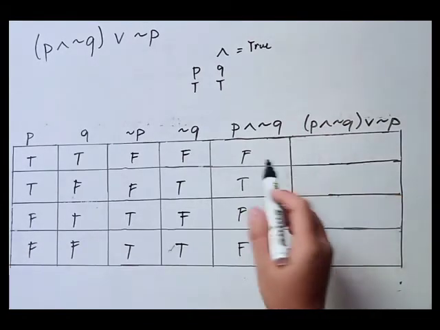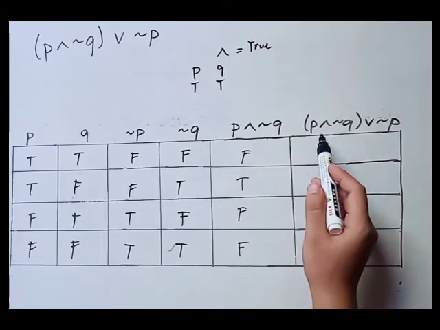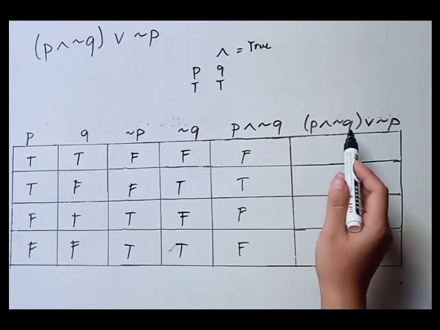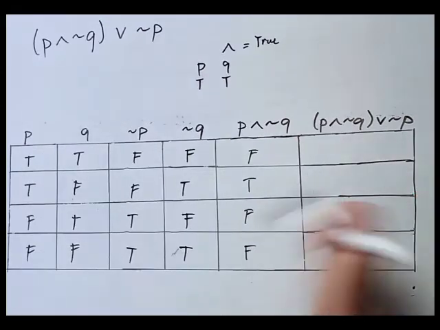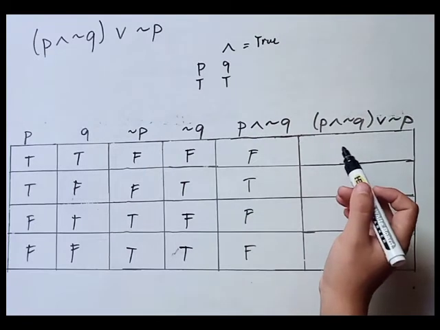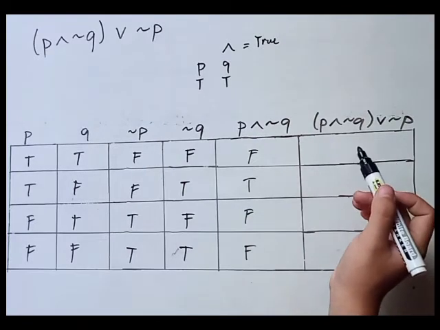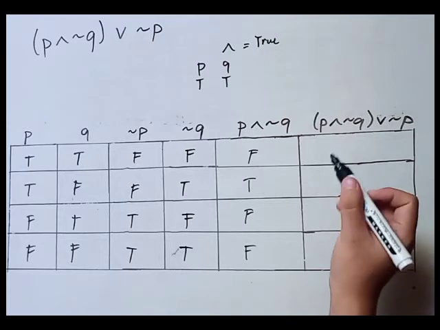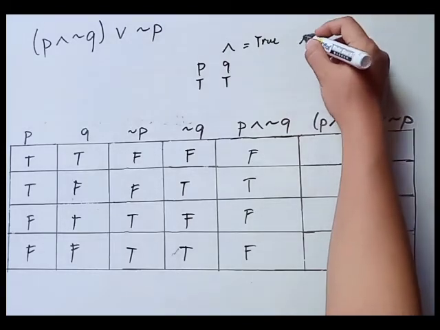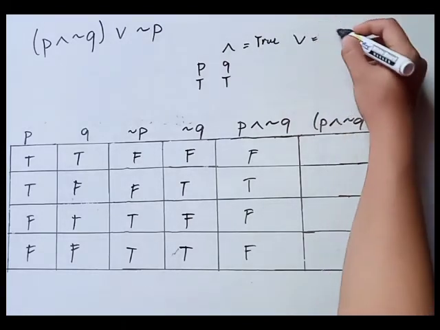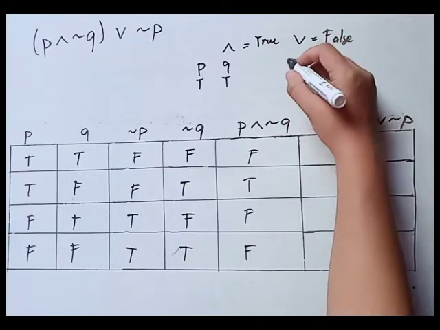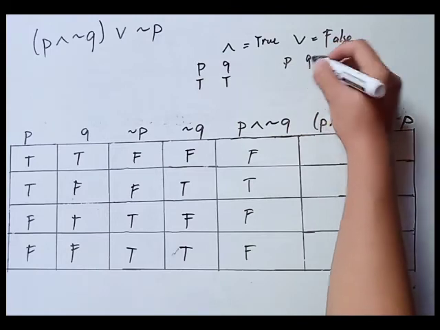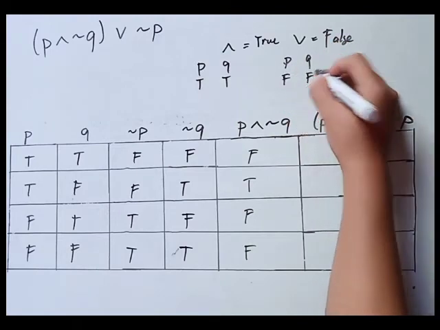So now we are ready to get the truth value for the quantity P and negation Q or negation P. Again, if we still remember our first discussion, we also have a rule for the disjunction "or", that our disjunction "or" will only be false if both statements P and Q are false.